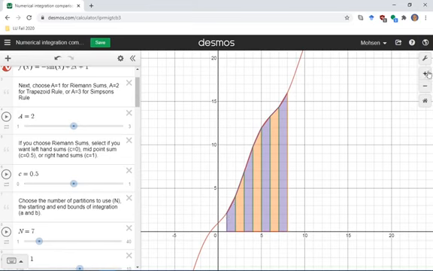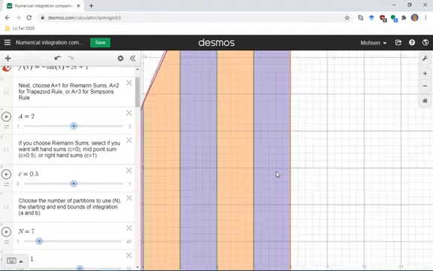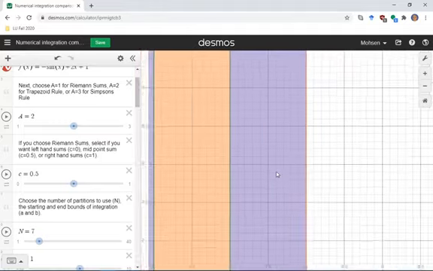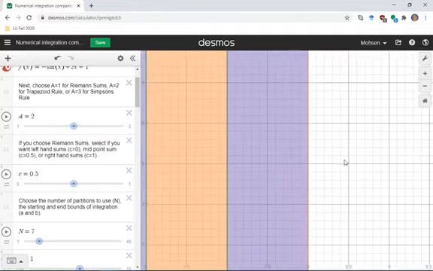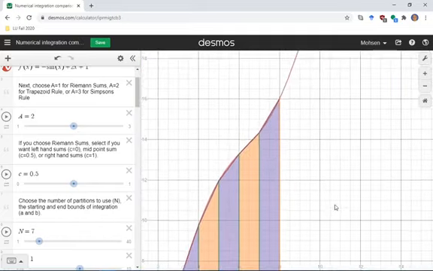Let me blow this thing up so that you see. You see that straight line here is the side of the trapezoid, and the curve now is underneath it.